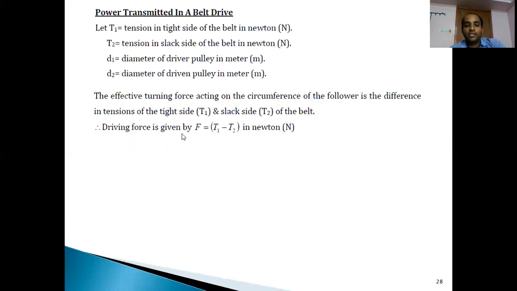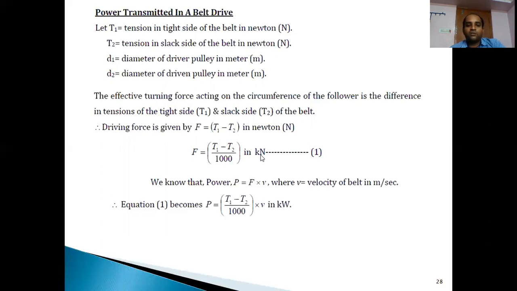So the turning force is nothing but the difference in both the tensions. F is equal to T1 minus T2, in newtons. If we need it in kilonewtons, we divide by 1000. So what is power? If we take the product of force and velocity, we get it in kilowatts, provided the velocity is in meters per second.